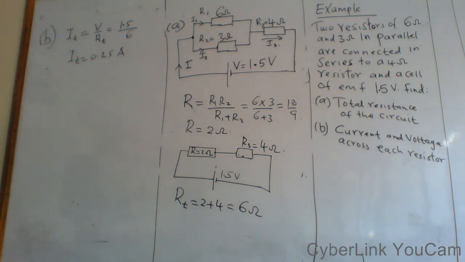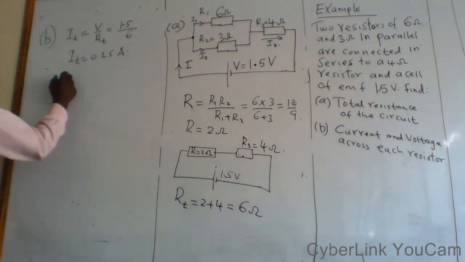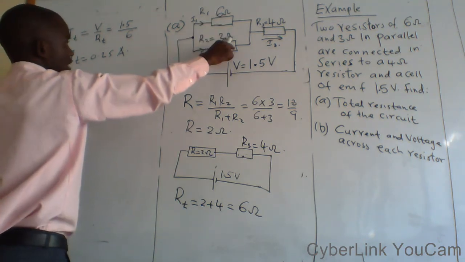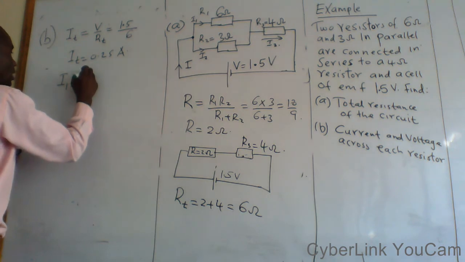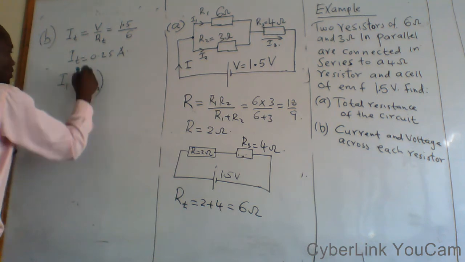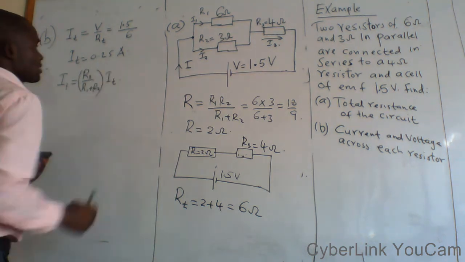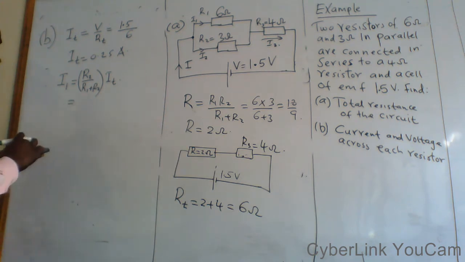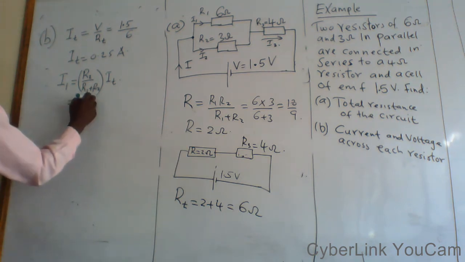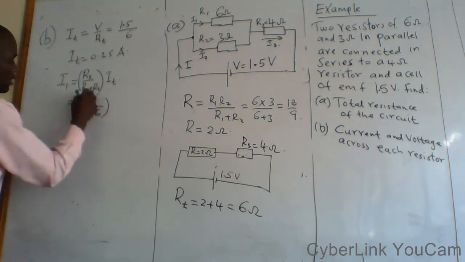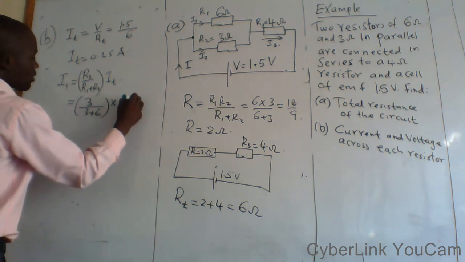Secondly, you will now take the current flowing I1. Remember, if you want to get I1, you use this resistor. I1 will be equal to R2 over R1 plus R2 multiplied by IT. That is what we have said, if you can remember. So we have 3 divided by 3 plus 6 multiplied by the total current 0.25.